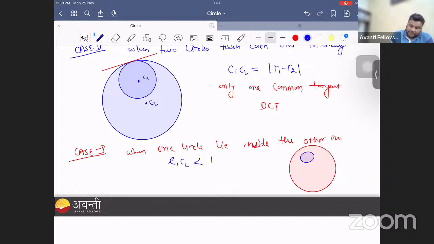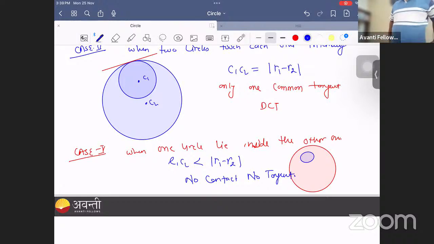C1C2 is even less than R1 minus R2. And no contact, no tangent. Got it? So this is how we remember things about the common tangents.